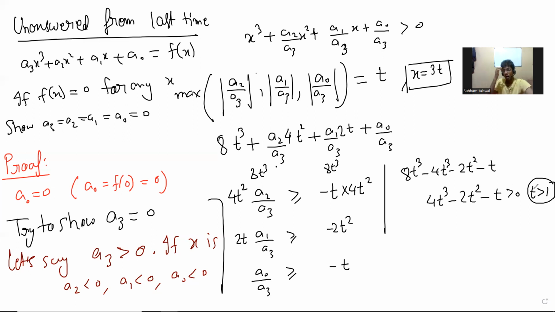So certainly, this thing works when t is bigger than 1. But then you see what is left is when t is less than 1. But then that case is even easier. If these things are minus 0.2, minus 0.9, and things like that, then certainly you can take x to be some 100 or something and it will work.